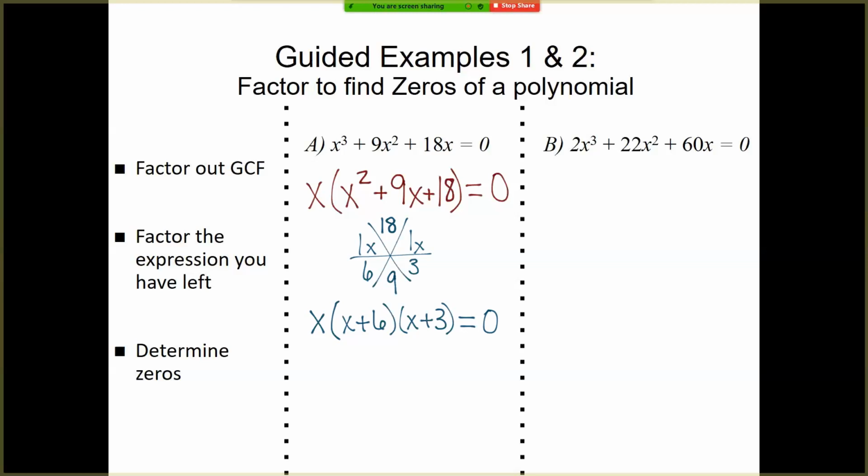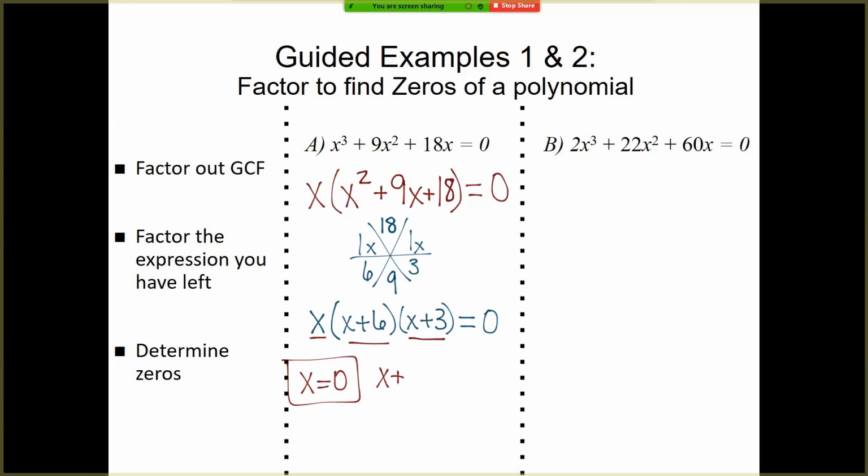Once you get here, you have no more x squareds, nothing will factor any further. So we're going to set all three terms equal to 0. So we have x equals 0, x plus 6 equals 0, and x plus 3 equals 0. Well, the first one, x equals 0, you can't do anything with it. That's automatically one of your zeros, or your answers.